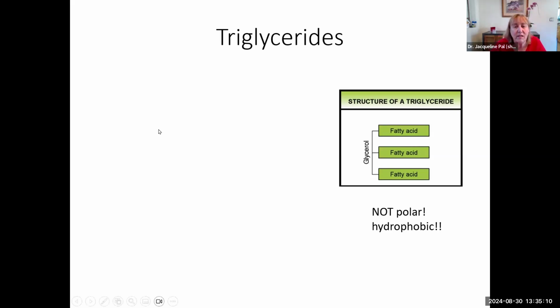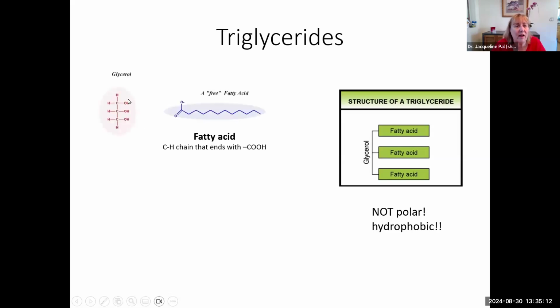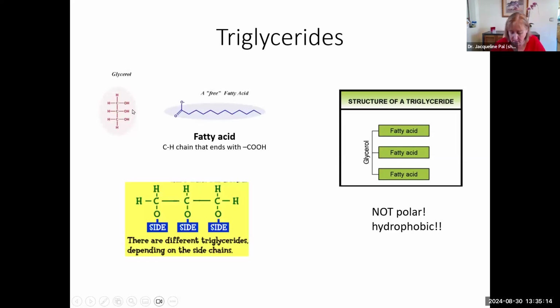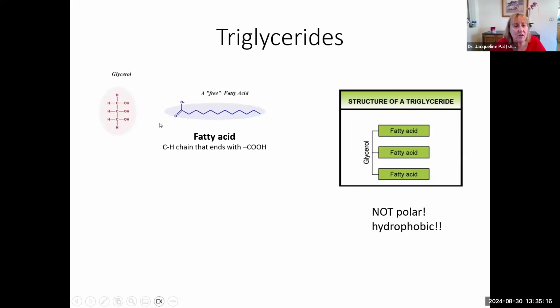Looking closer at the structure of a triglyceride, here is the glycerol molecule, and a fatty acid is just a long chain of carbon molecules with attached hydrogens. At the end, it ends with a carbon, an oxygen attached with a double bond, and then a hydroxyl at one end.